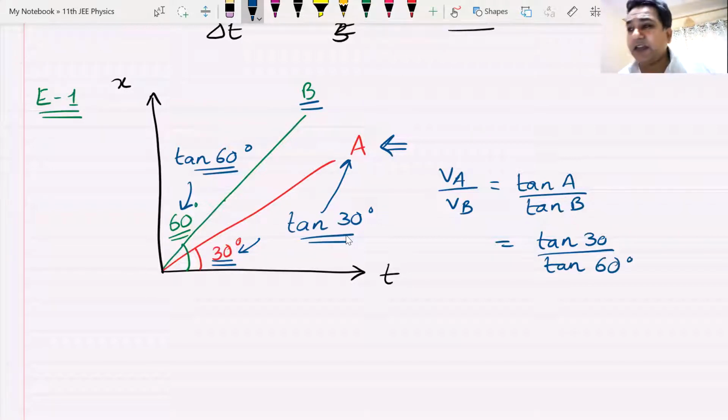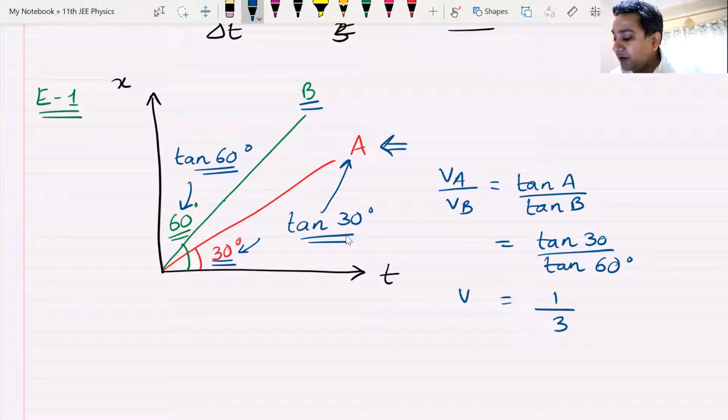And from here I will leave this question because you know what is tan of 30. Tan of 30, Reddy, is 1 by root 3, and tan of 60 is root 3. So 1 by root 3 divided by root 3, I think the answer would be 1 by 3. 1:3. That should be your answer.